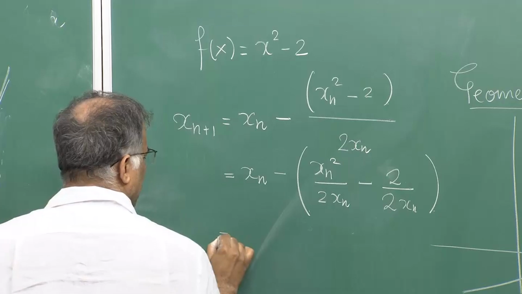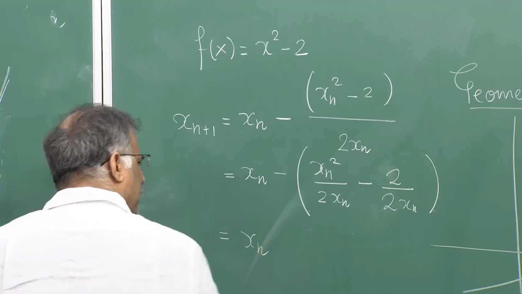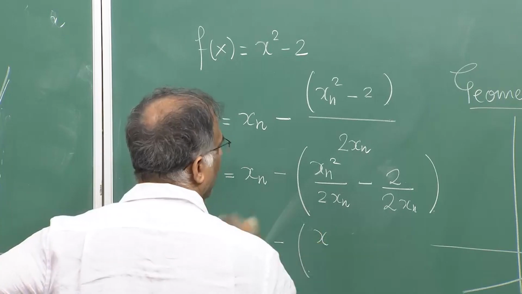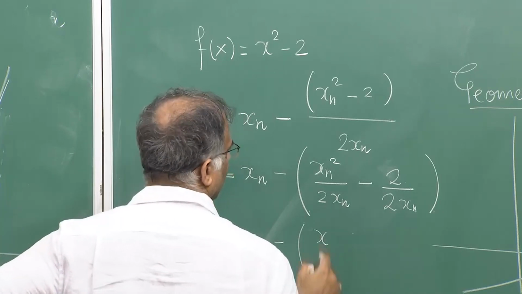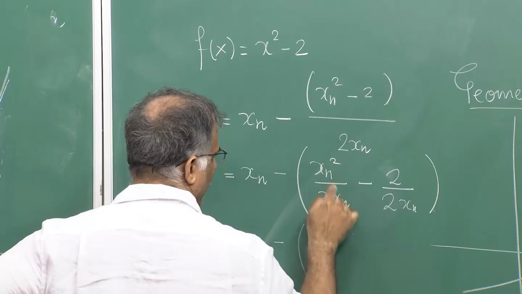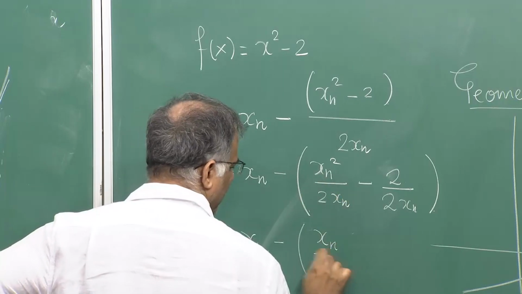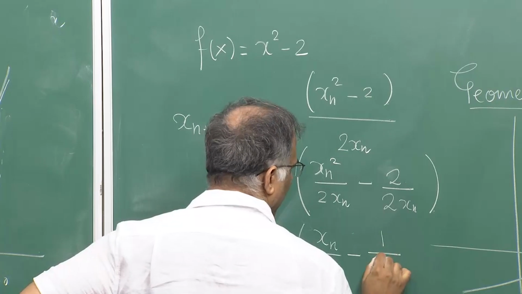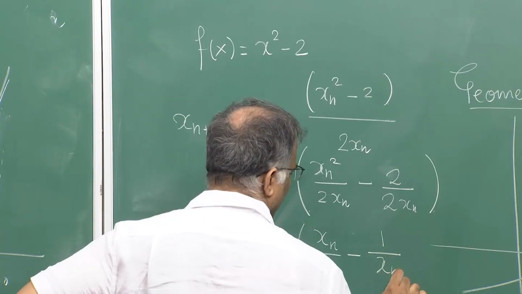So I can write this as xn minus, since xn square cancels with xn, xn by 2 minus 1 by xn.